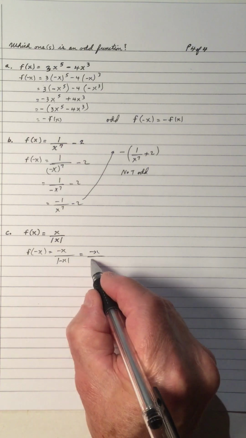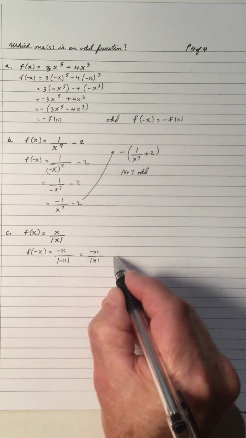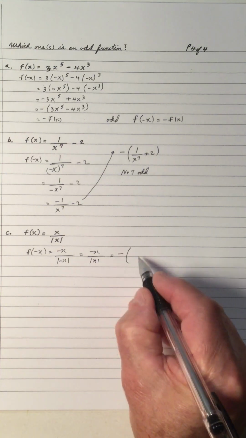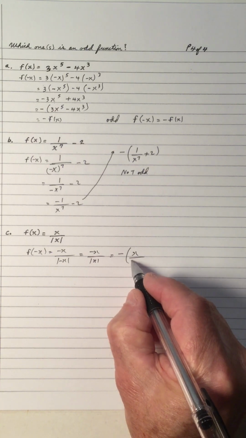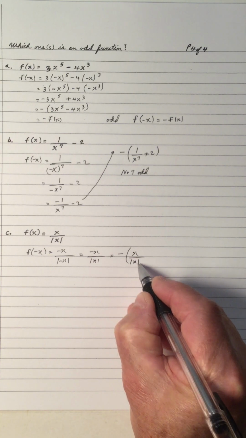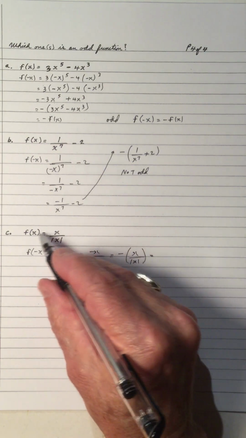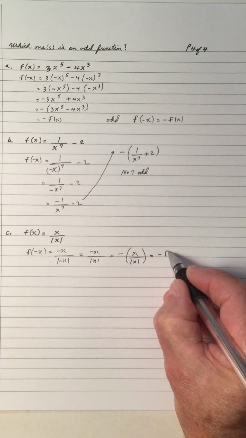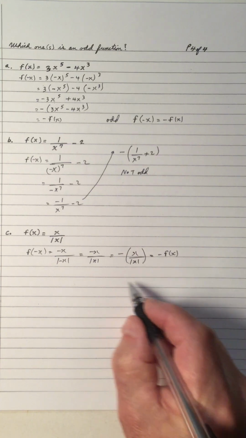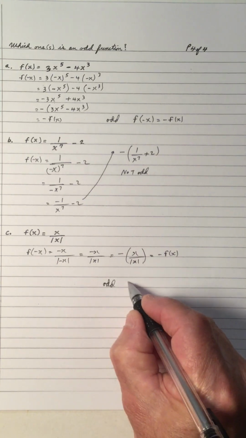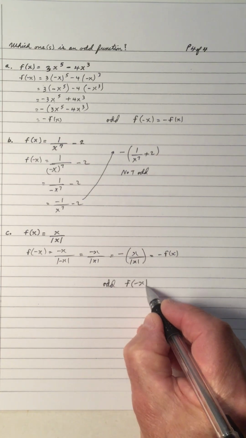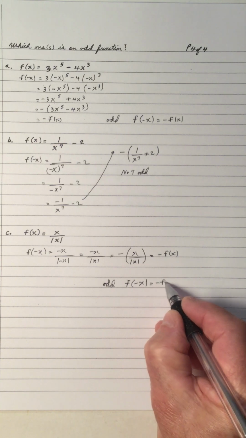The absolute value of negative x is the same as the absolute value of x. So that's a negative of x all over absolute value of x. And so that's f of x. So it's odd because the f of negative x is equal to the negative f of x.